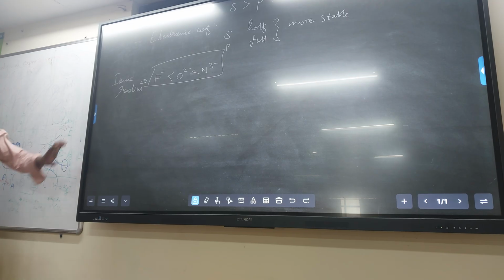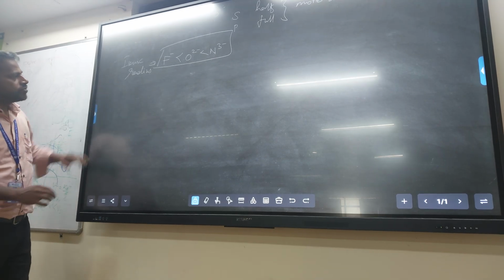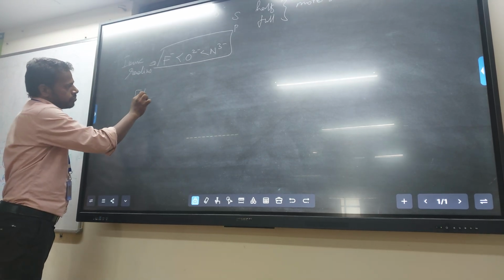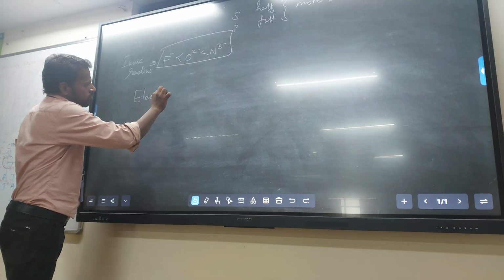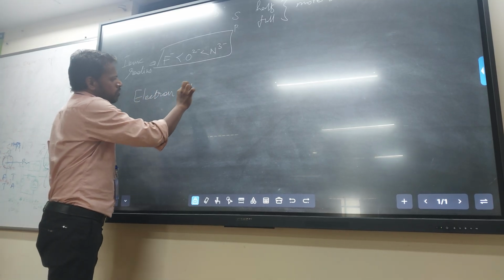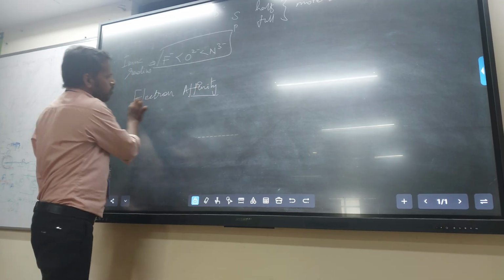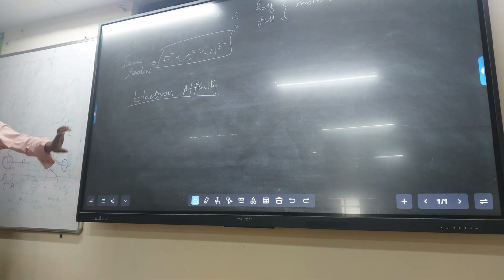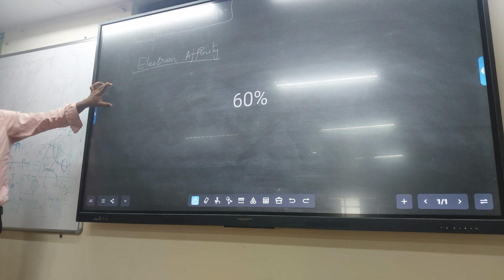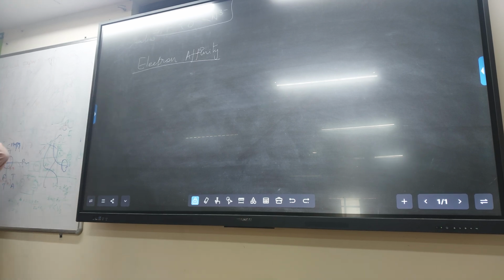Electron affinity. Electron affinity is the opposite of ionization energy, because there you remove the electron from the outermost orbital.